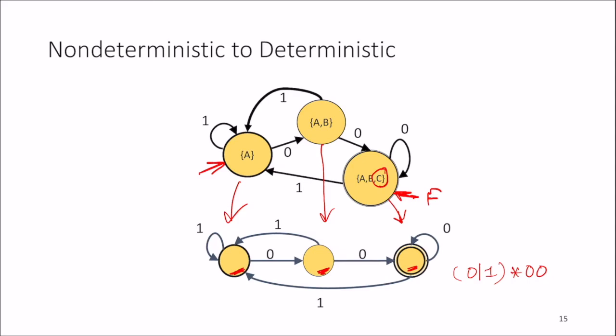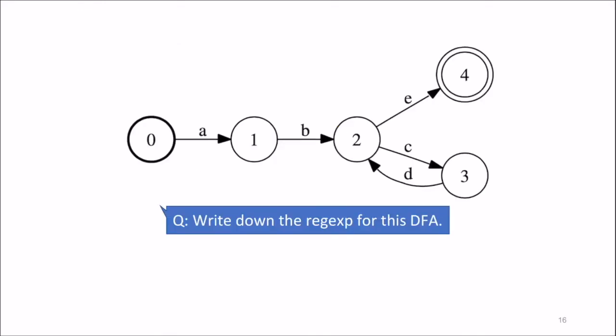So we always know what the start state is, and we know all of the different final states, because if you have a final state from the original NFA in the set, then we call the state in this DFA a final state. Another question for you to do by yourself is to write down the regular expression for this DFA shown.